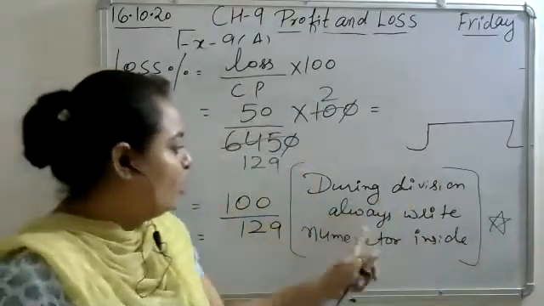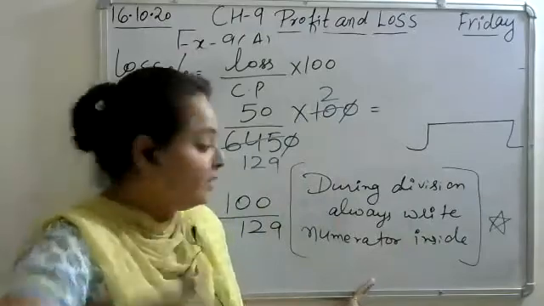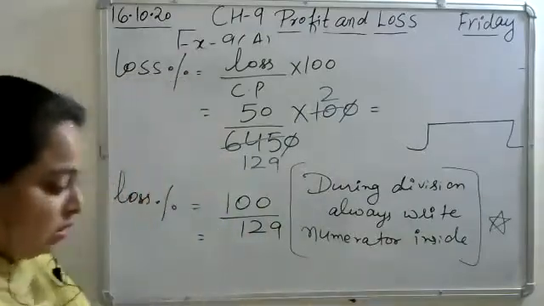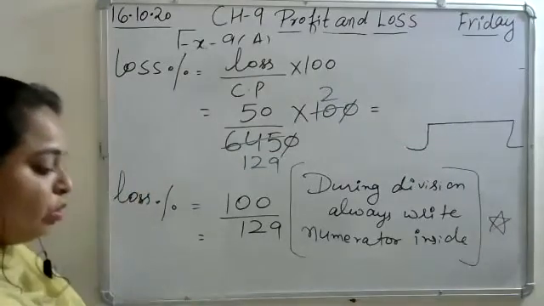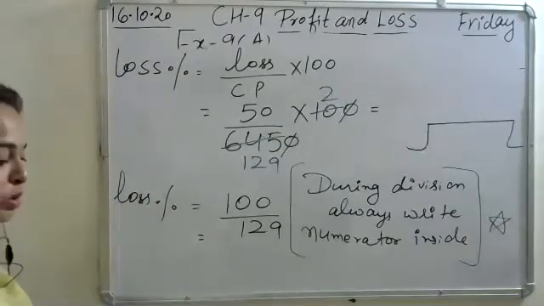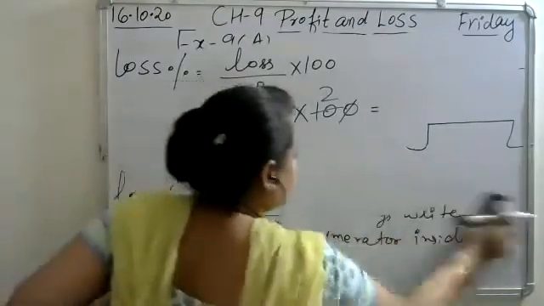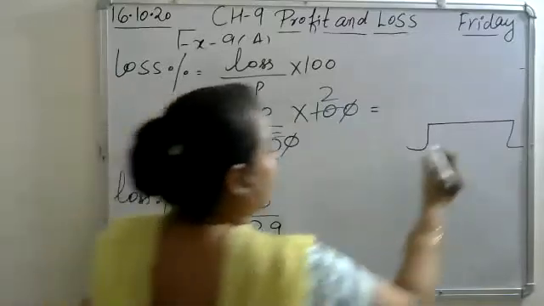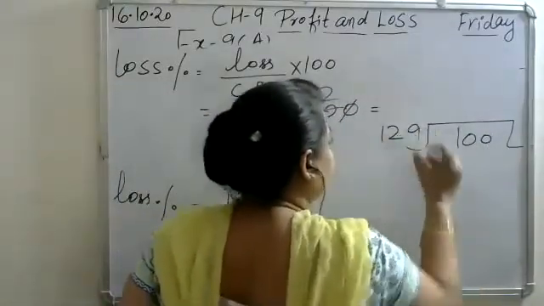During division, always write the numerator. Numerator means upper number inside. Gauri Sharma, no, your answer is incorrect. 1 whole 29. No. So we will write here 100 inside and 129 outside.